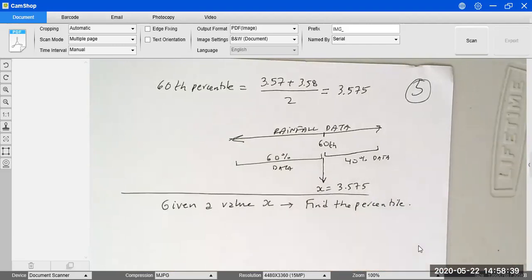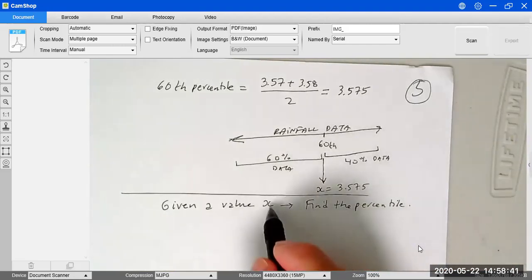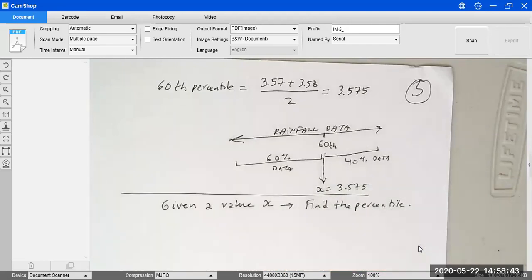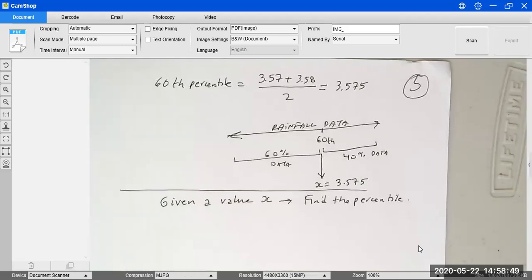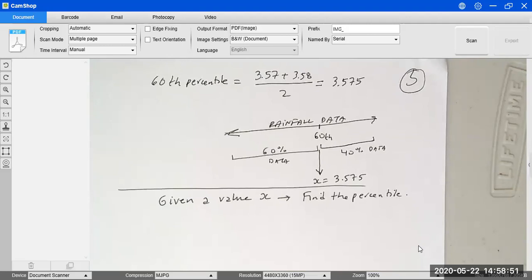Okay, so now we are going to have x, and we want to know how that value is dividing the data set, how that value is partitioning the data set, what percent is on the left of that value, and what percent is on the right of that value.